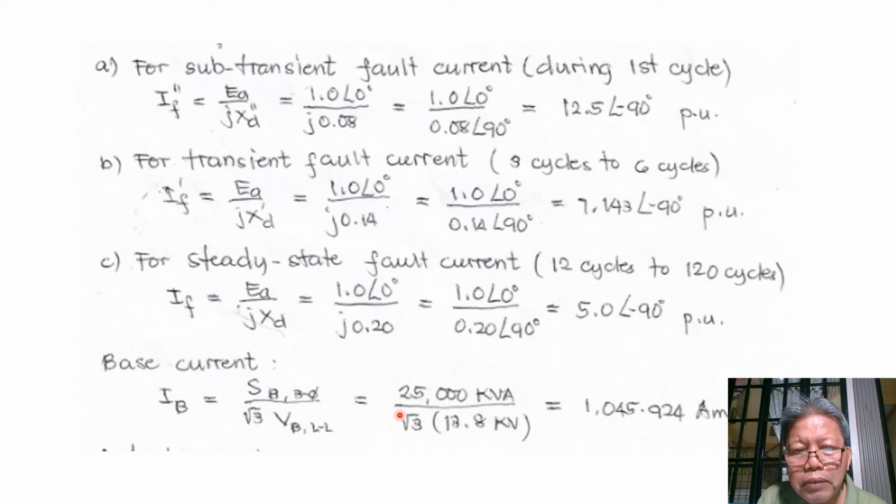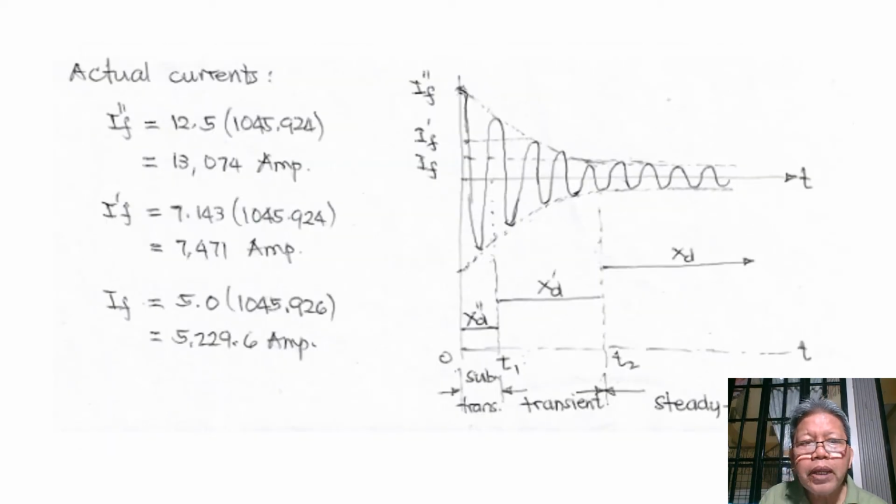Substituting the values, S base is just the MVA capacity of our generator, and our voltage base line to line is 13.8 kV, and therefore our base current will just be equal to 1045.924 amperes. So the actual current for our subtransient fault current IF'' is equal to its per unit value of 12.5 times the base current of 1045.924 amperes.